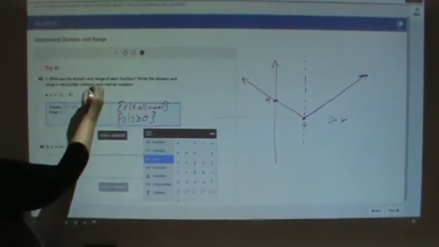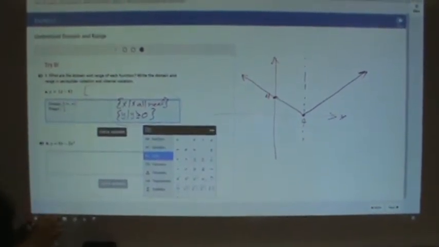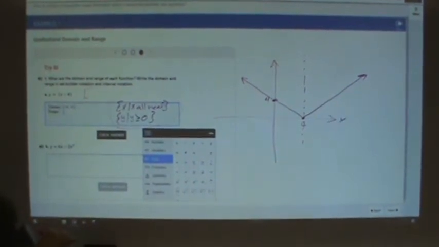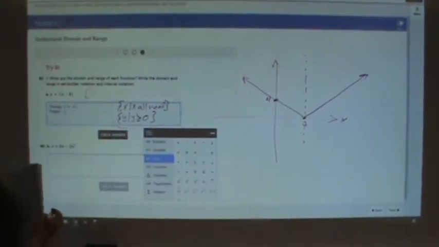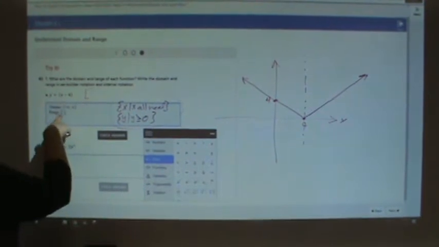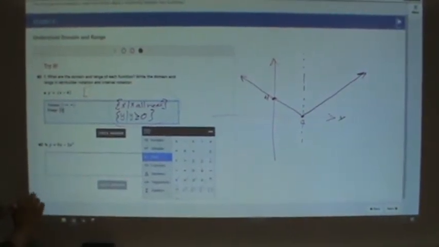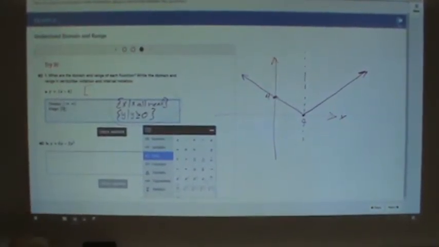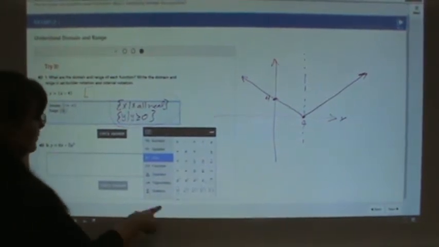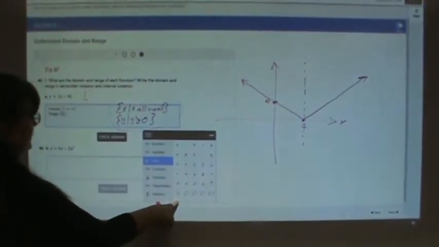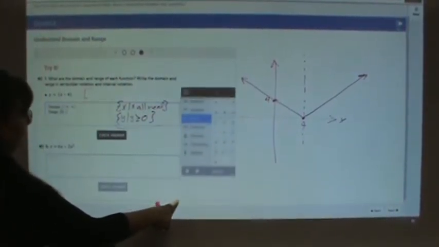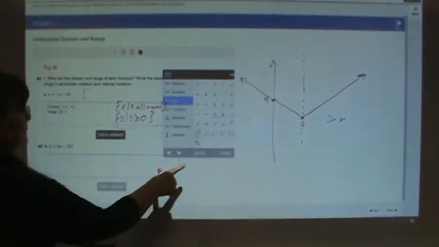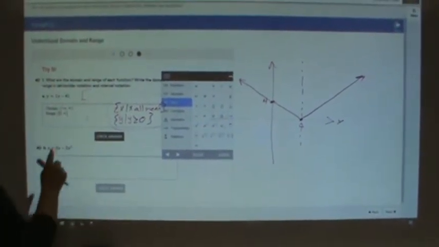Looks like this. 0, comma, space, and then you're going to put in the infinity, and that's open.